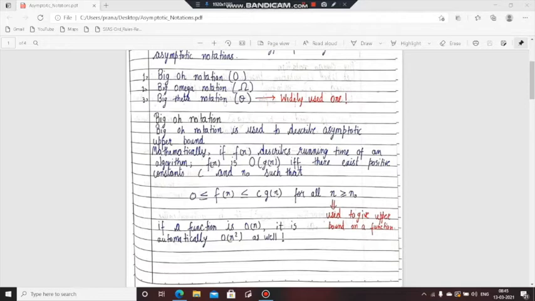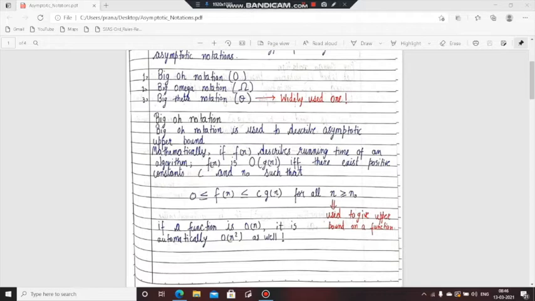Mathematically, consider a function f(n) which describes the running time of an algorithm. So f(n) is big O of g(n), where g(n) is another function.